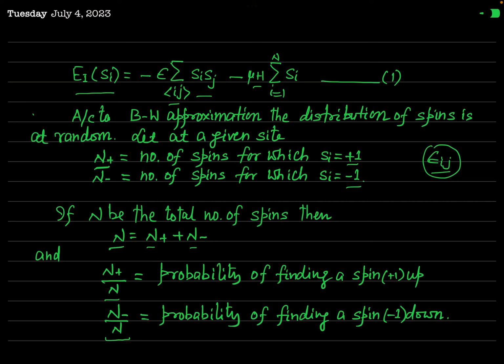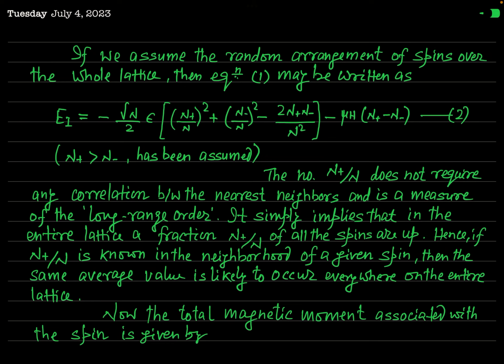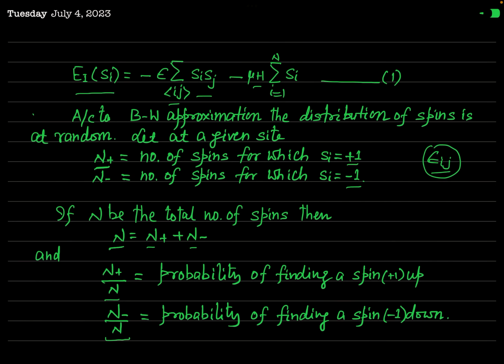Now, in terms of these probabilities, we want to find the expression for the energy of interaction, which I have denoted by the symbol EI, and which we defined in equation 1 in accordance with the Ising model. What will be the expression for EI in terms of the probability of up spin and down spin?